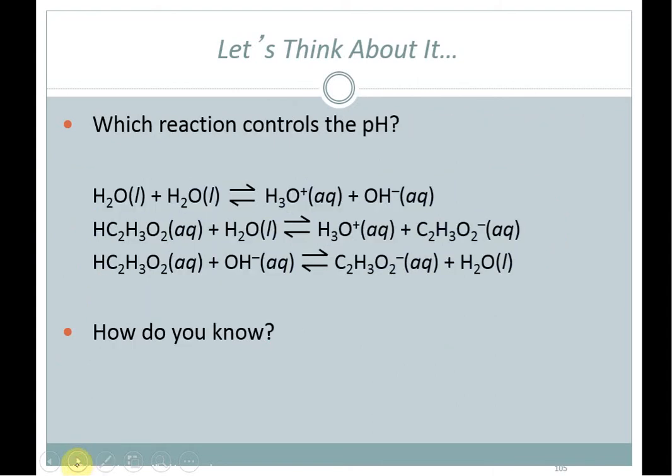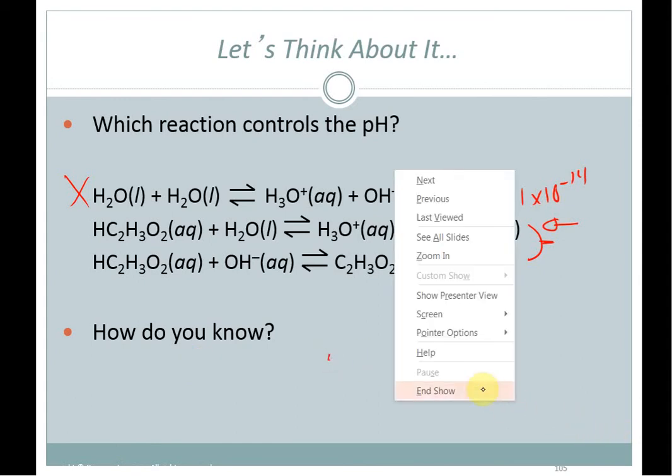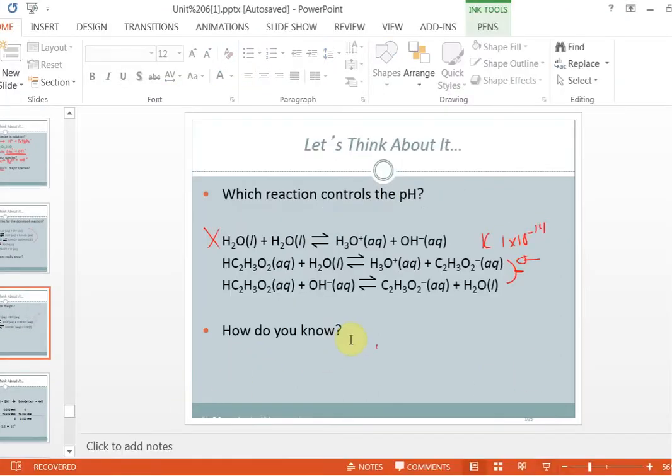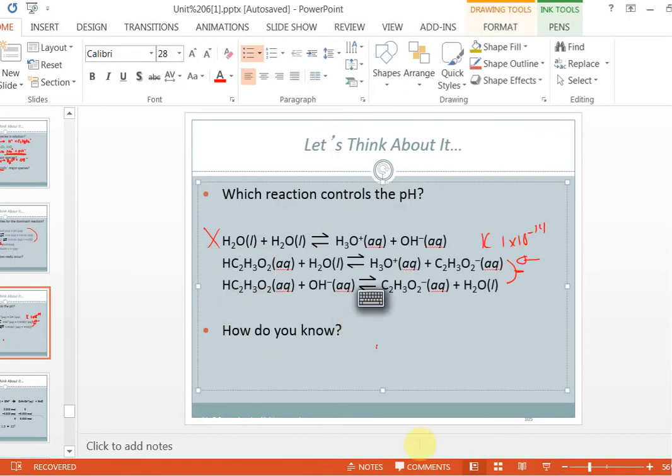Now, we know that the K here is 1 times 10 to the minus 14. It's not going to be the one that controls our pH. Technically, we then have these two reactions that we have to consider. Before we can plug in to this second equation, we have to consider how much is going to react with our base in this third equation.